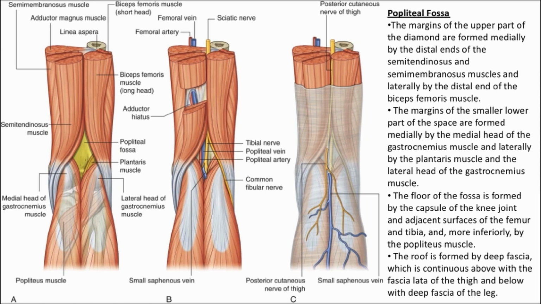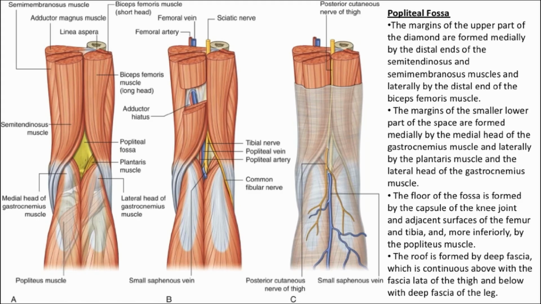So the vein is superficial to and travels with the popliteal artery. It exits the popliteal fossa to become the femoral vein by passing through the adductor hiatus. Remember, when we talk about veins, we talk about them from distal to proximal. So that's how that makes sense.